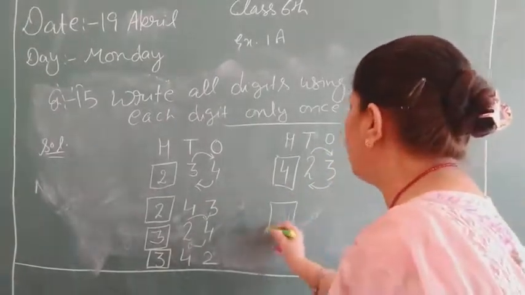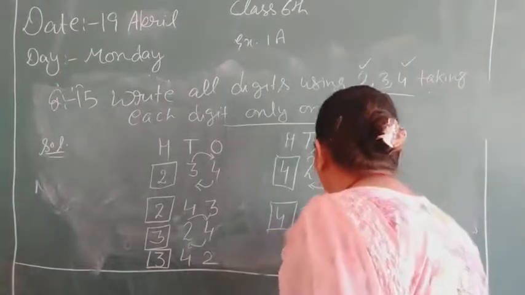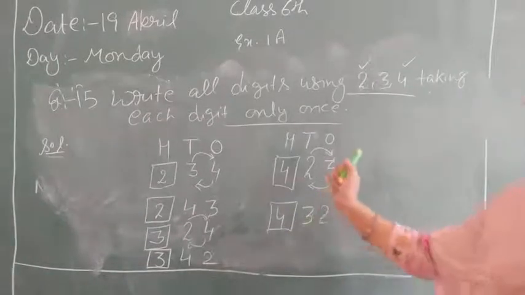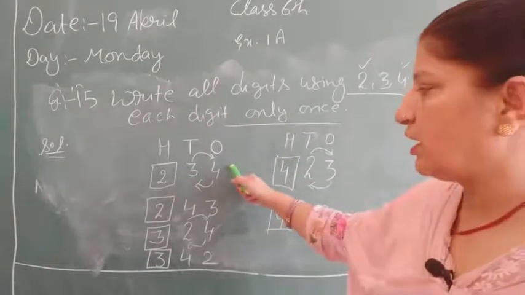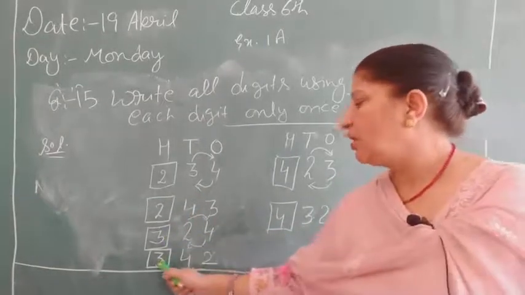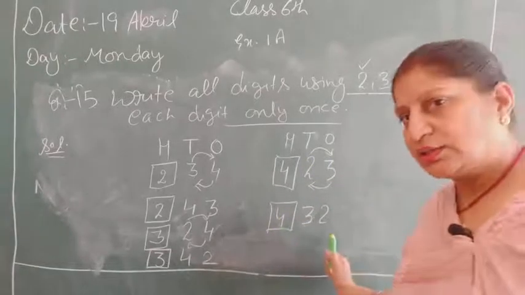Now we get the number 432. So our numbers become 234, 243, 324, 342, 423 and 432.